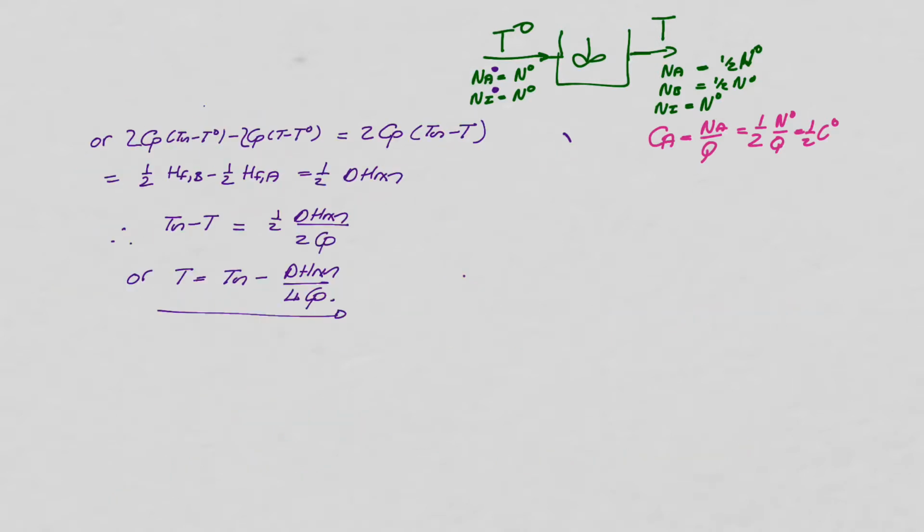Right, I can then look at my terms and combine. What I've combined is the Cp terms and the enthalpy of formation terms. If I look at the Cp terms, I can see that I end up subtracting those two terms to get 2 Cp times the difference between the temperature in and out.